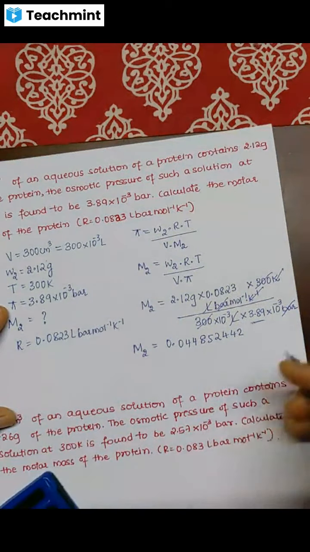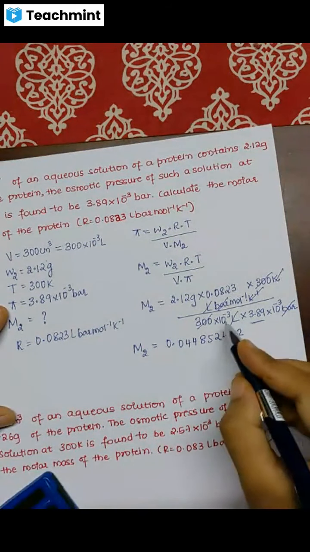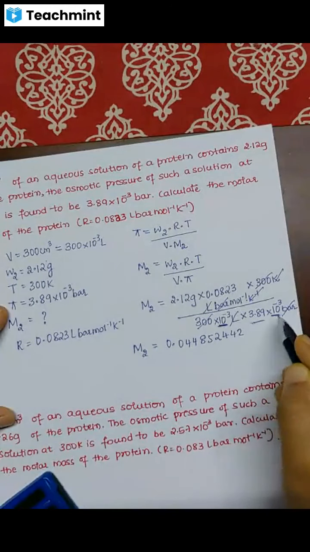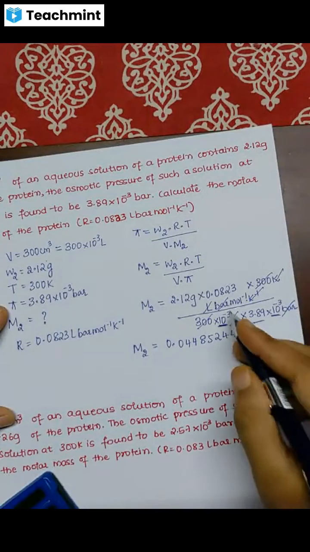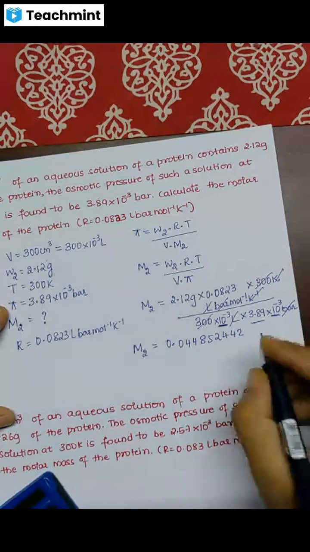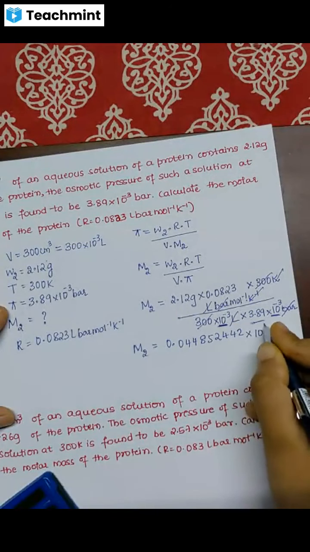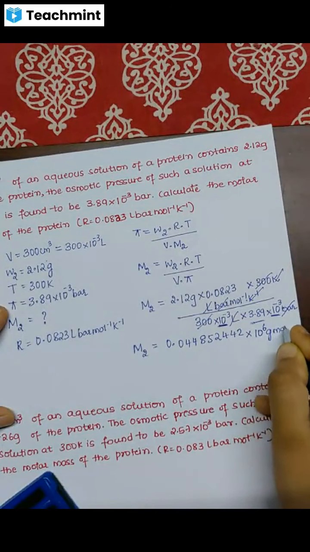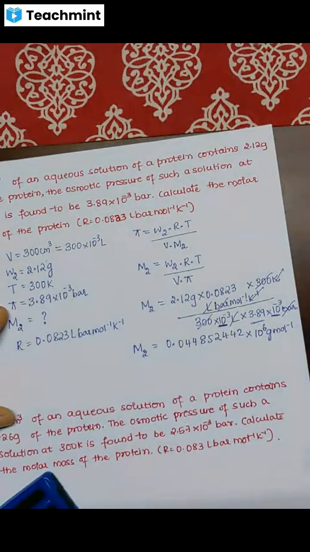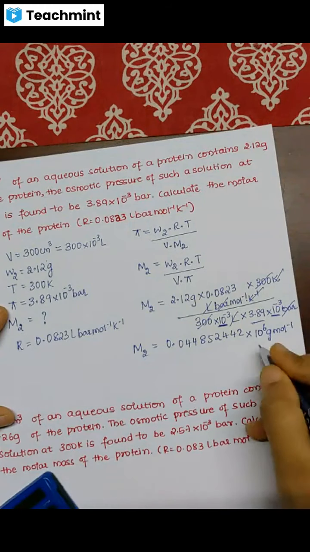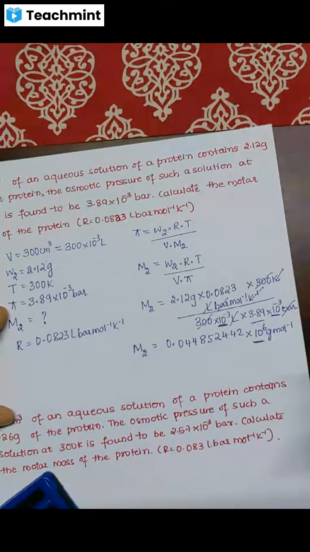So when we get this value, next what we have here in the denominator, 10 to the power minus 3, minus 3. When they both go up, it becomes plus 3 plus 3. 3 plus 3 is 6. So into 10 to the power 6 gram per mole. Whenever you are expressing molar mass, it should not be expressed in scientific notation. So we want to remove this scientific notation.